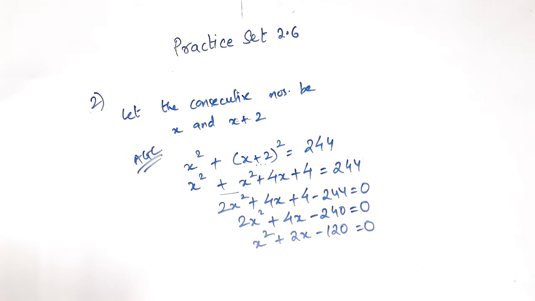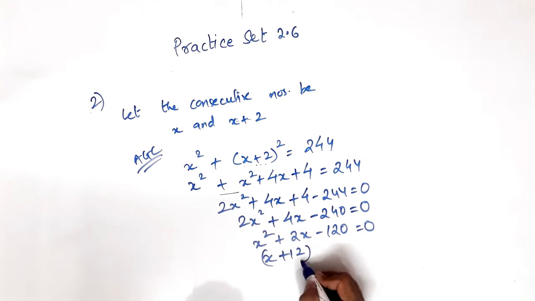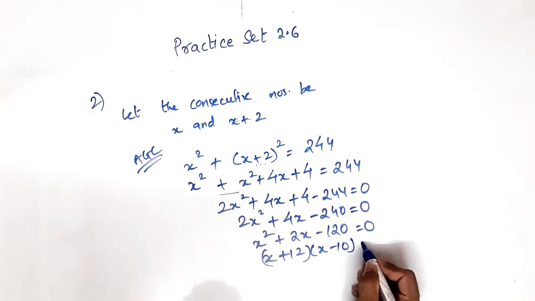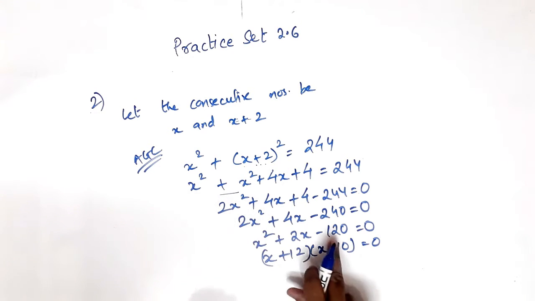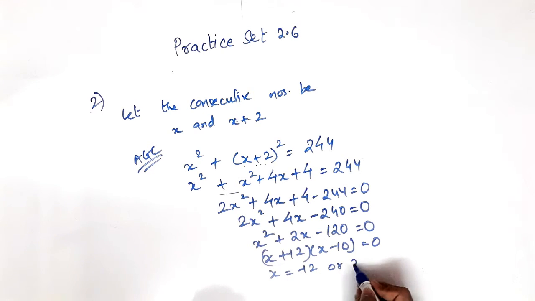Okay, so the factors of 120 very easy. I want 2 as the sum, so 12 and 10 are correct. (x plus 12)(x minus 10) will give me product as 120 and total as plus 2. Okay, so x is equal to minus 12 or x is equal to 10.